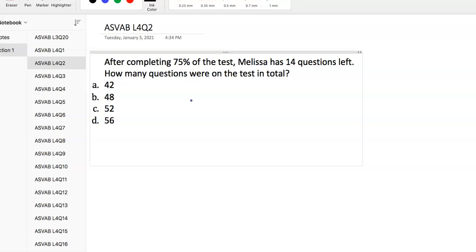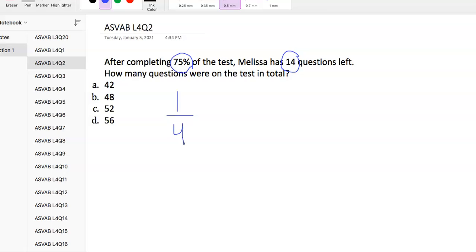Okay, an equation question. After completing 75% of the test, Melissa has 14 questions left. How many questions were on the test in total? So we see this number, 75% of the test is completed, 14 questions left. When we're setting up an equation, we'd like to set up apples to apples, is the phrase.